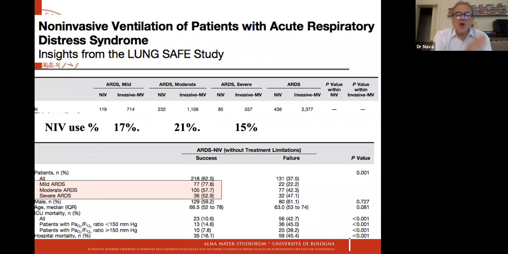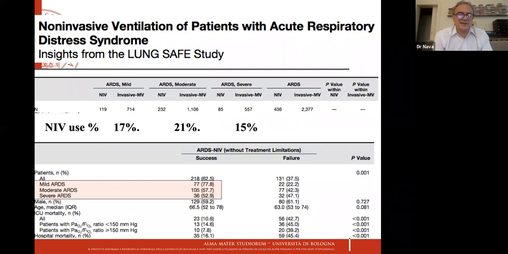So there was no clear following of the recommendation. There was a pretty homogeneous distribution of around 18% use of NIV in ARDS patients irrespective of the severity.